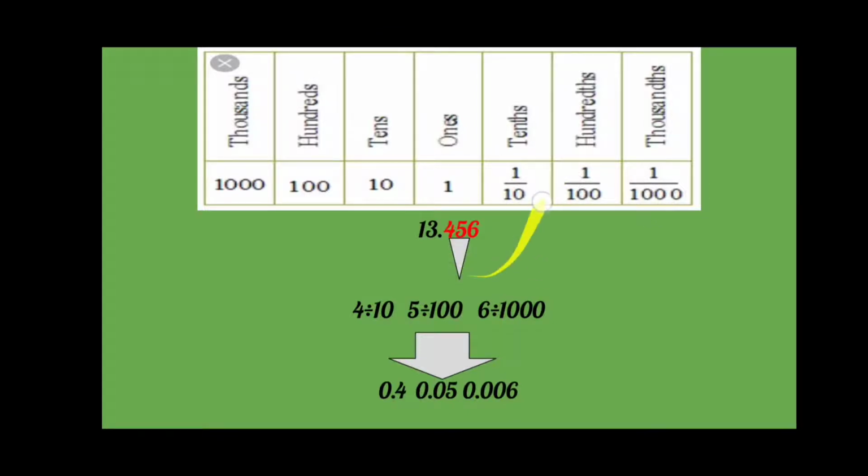So 4 is in the 10 place, so it will be divided by 10. 5 is in the 100 place, so it will be divided by 100. 6 is in the 1000 place, which will be divided by 1000. For this part, we will understand in the next slide.